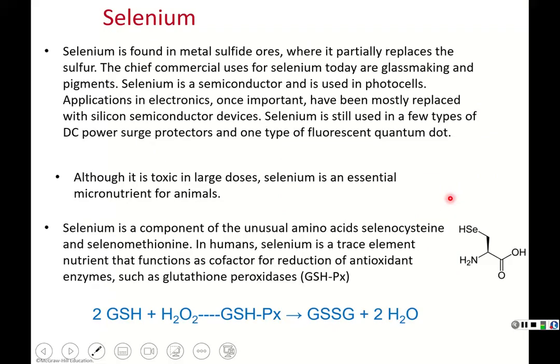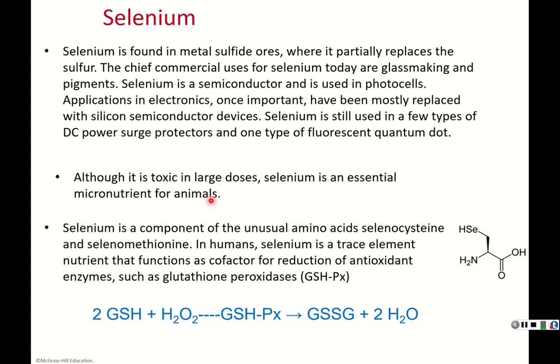Selenium is kind of interesting. It was used in semiconductors, but that has been overtaken by silicon. Chief commercial uses now are glass making and pigments. It is toxic in large doses, but it's also an essential micronutrient for animals, so we need this.